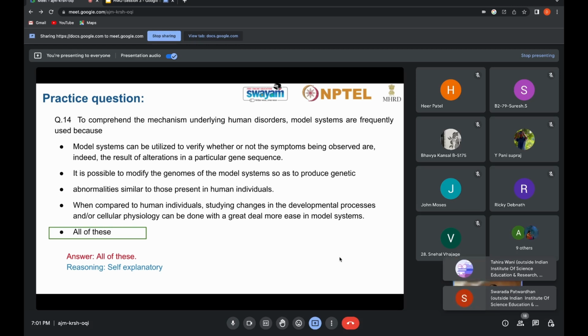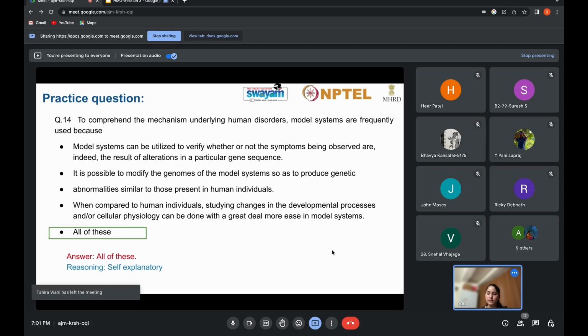If you want to look into examples, I could not recall an example as of now, but balanced translocation can also lead to disease. It is not always that if it is balanced, it will not cause any disease. During balanced translocation also, it can cause some complications.